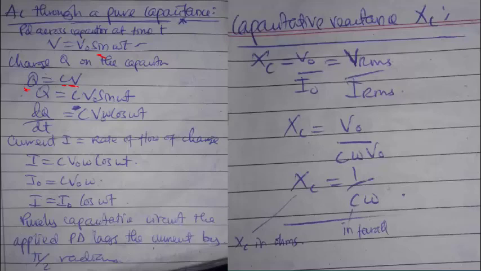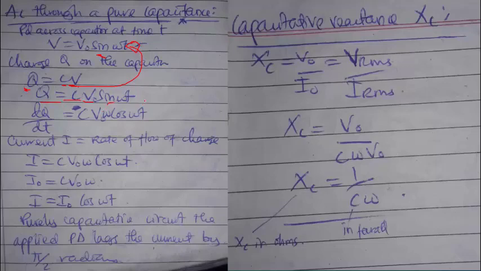Since our voltage is given by V is equal to V naught sin Wt, then Q is equal to C V naught times sin Wt.